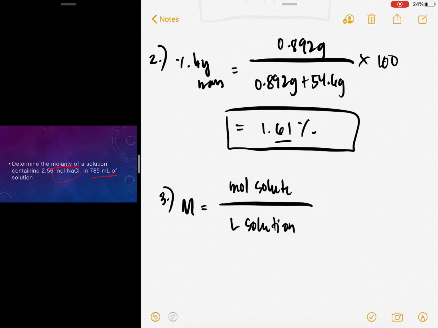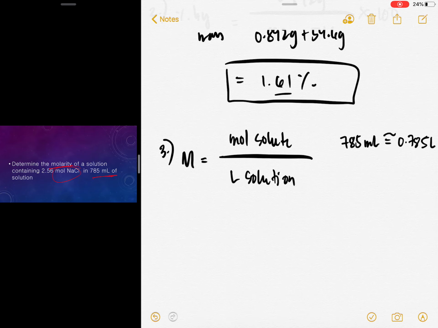And how do you convert mL to liter? Divide it by 1,000. If you divide this by 1,000, this becomes 0.785 liter. Okay, naka-liter na siya. Direct substitution na lang din yan. So, 2.56 mole over 0.785 liter.